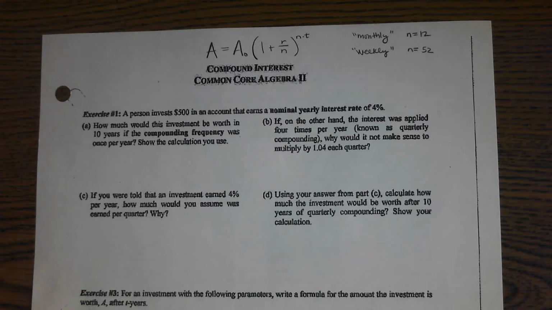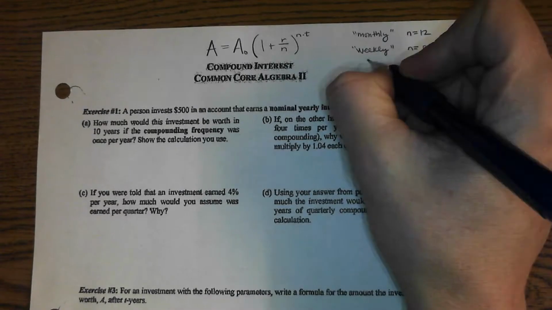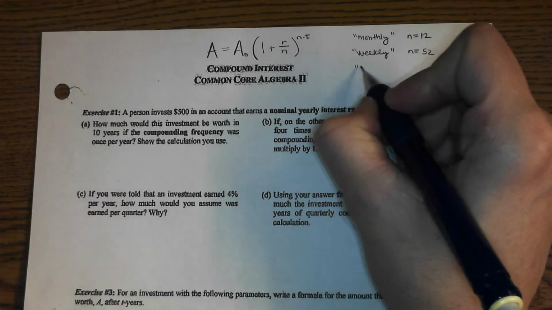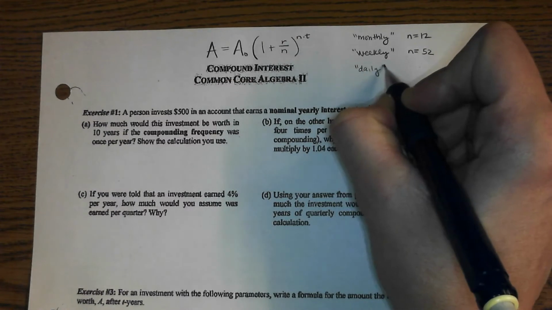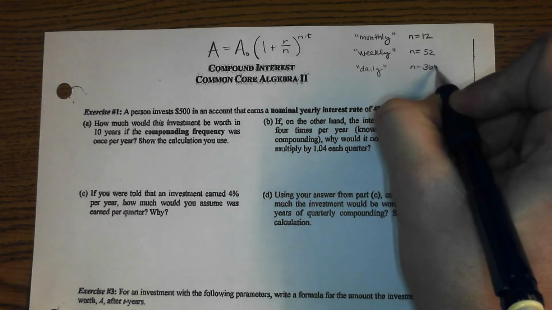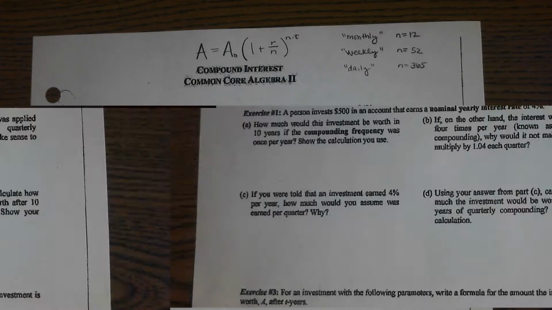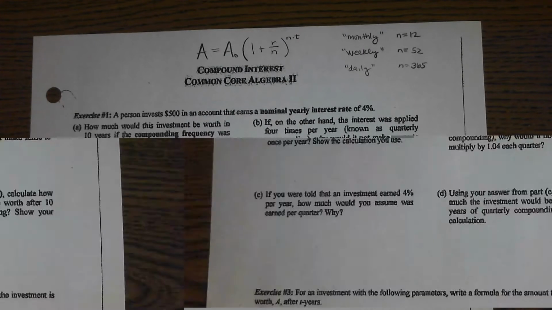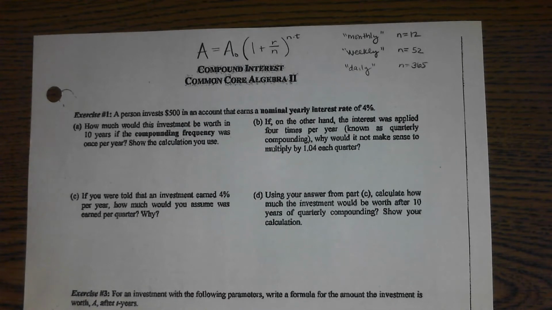There's about 4 per month, a little more than 4 per month. So 4 per month would put us at 48, and then those extra couple days every month. Yeah? Okay. Daily would be, depends on if it's a leap year, but pretending it's not, 365, and so forth.